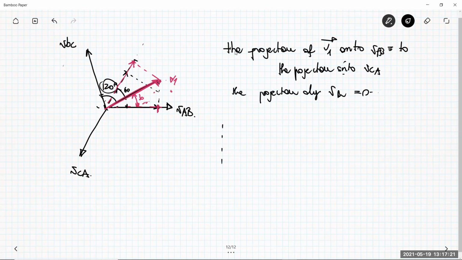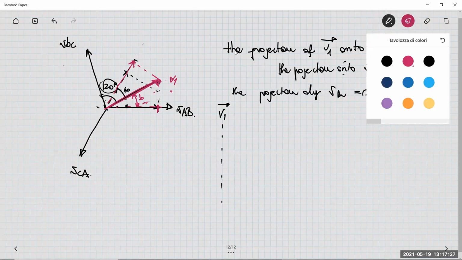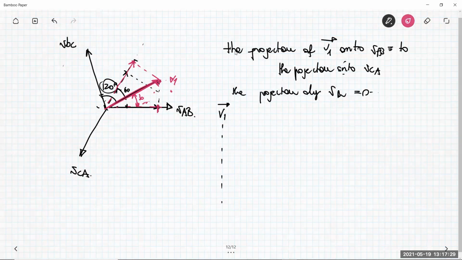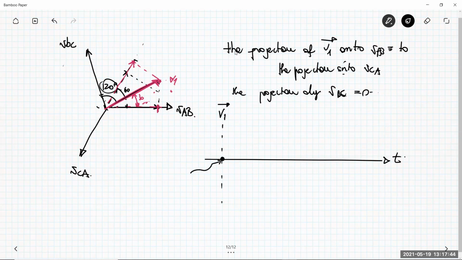So I have that, supposing that here you have, I don't know, that axis and time axis. The projection along VBC is null. So let me put here, this is the projection along VBC. I'm putting exactly the value of the projection of this vector.